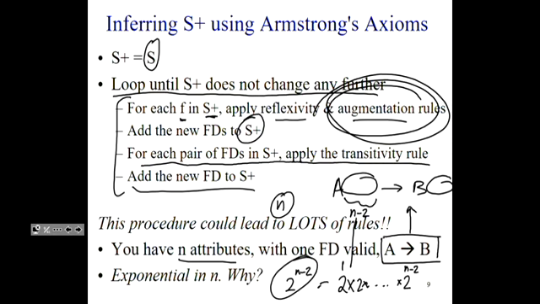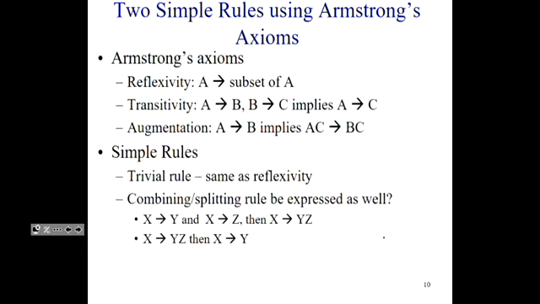There were two simple rules that we talked about in the previous class, and let's see if we can rederive them using Armstrong's axioms. We had one trivial rule, which was the same as reflexivity, so let's not worry about that.